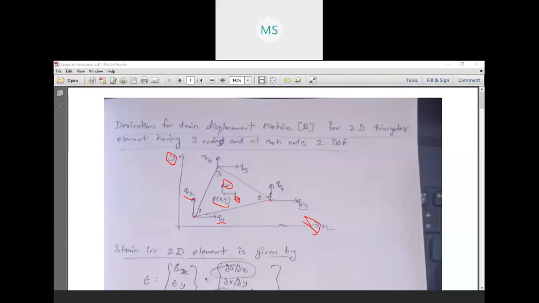Similarly for node number 2, the displacement in x direction is q3 and in y direction is q4. Last one, at node number 3, the displacement in x direction is q5 and in y direction is q6.